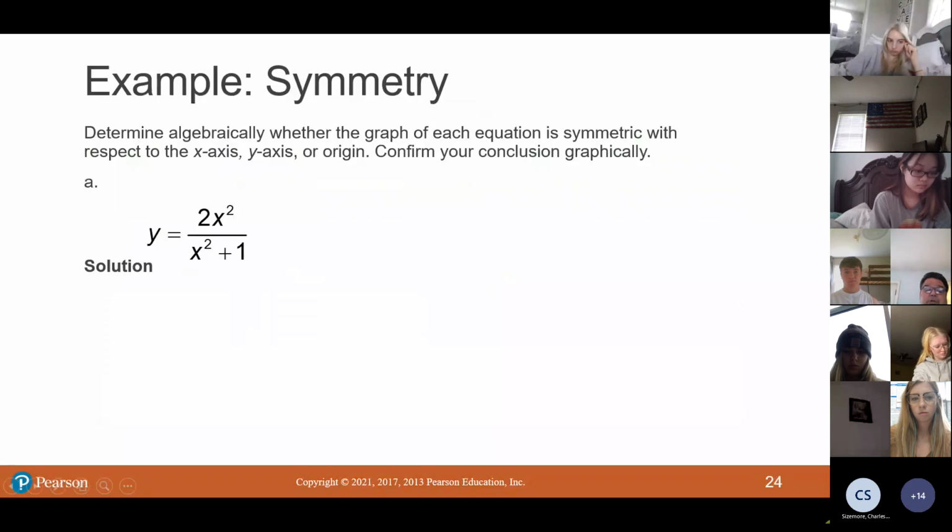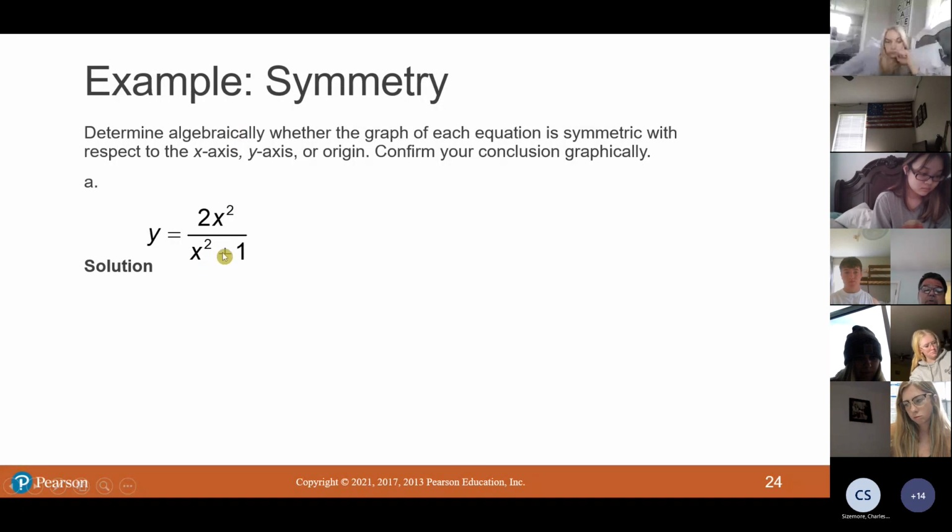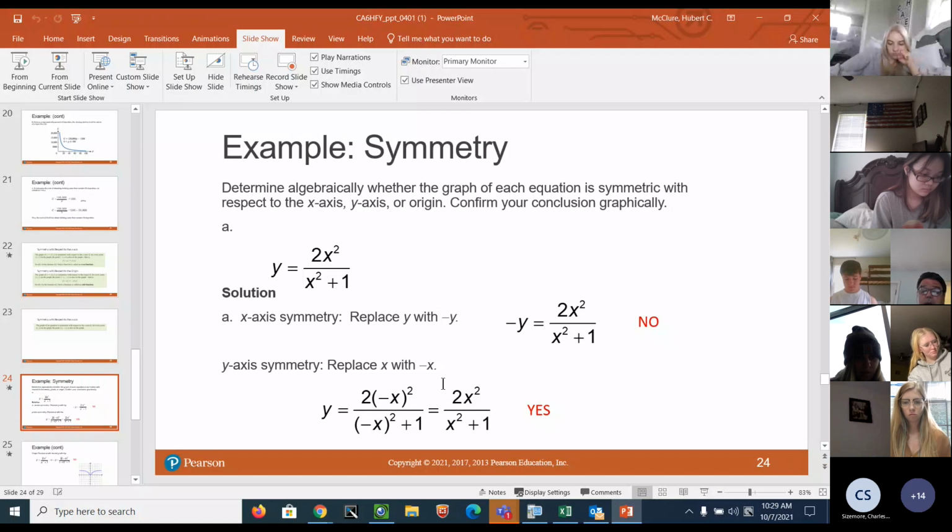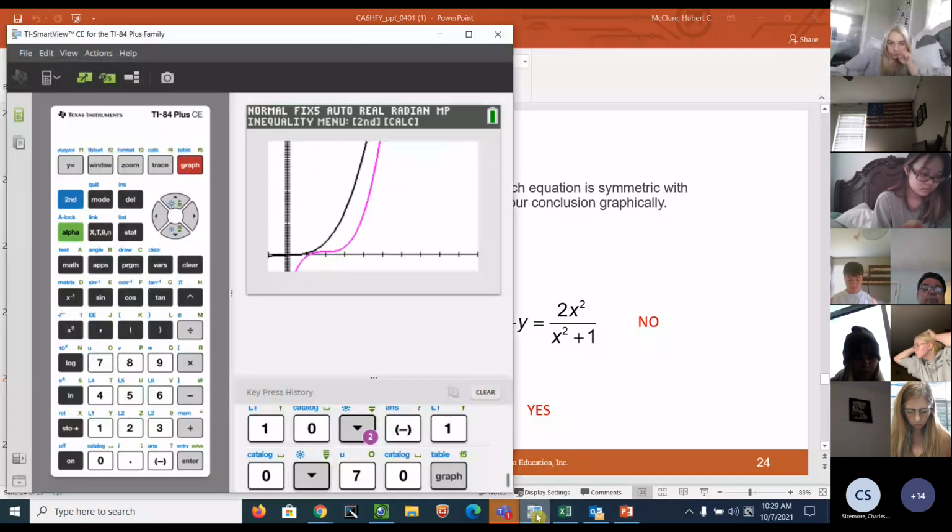All right, let's look at this one. And yes, you're going to use your calculator because this is an x squared over x squared function. So it's going to look like somewhat of a volcano because of the x squared being in the denominator. So you're going to take your handy dandy calculator and you're going to graph 2x squared.